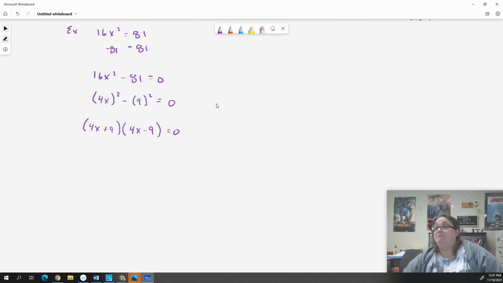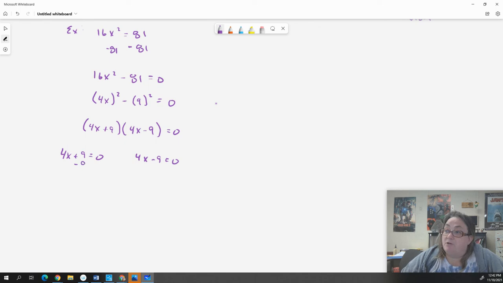Remember when we did difference of squares? Perfect square minus a perfect square. So if I set 4x plus 9 equal to 0 and 4x minus 9 equal to 0, I will find my solutions by isolating the x. So here I'm going to subtract 9 from both sides, and I get 4x equals negative 9.